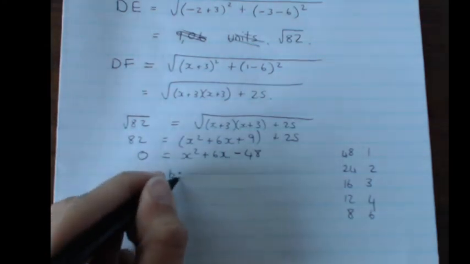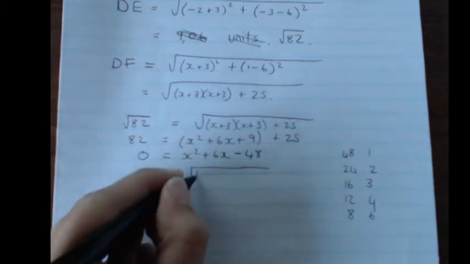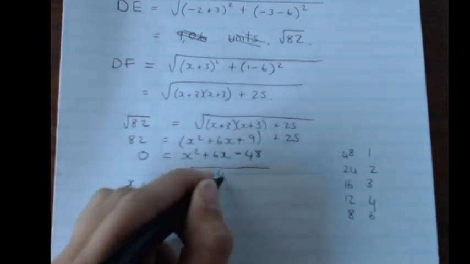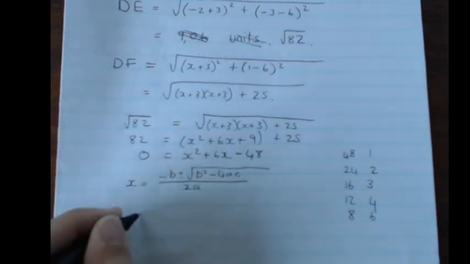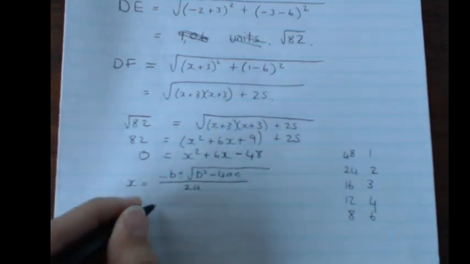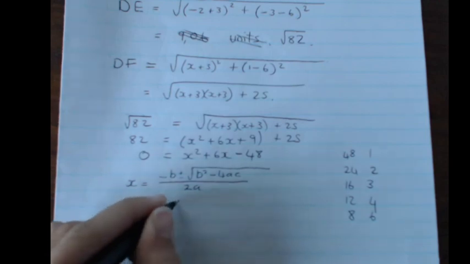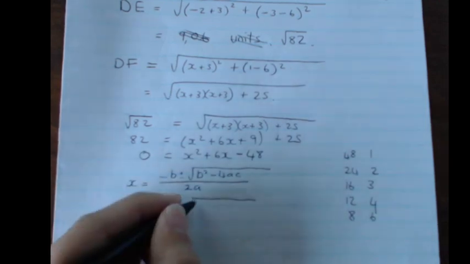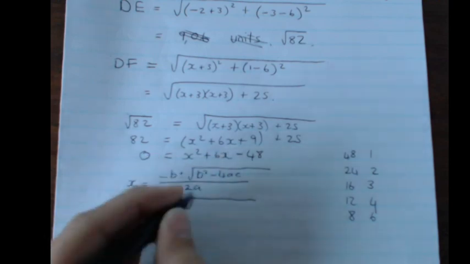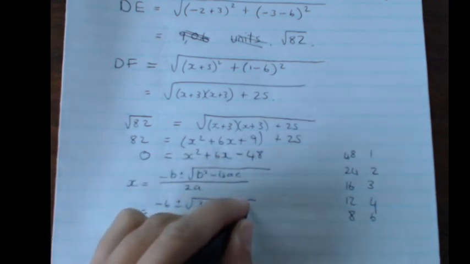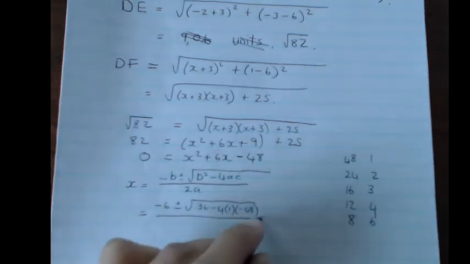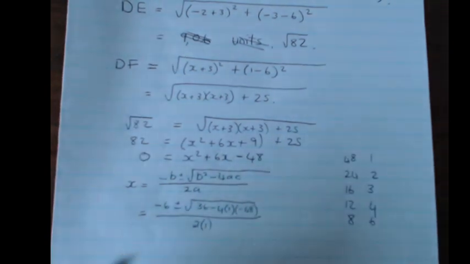Minus b plus or minus the square root of b squared minus 4ac, over 2a. And substitute then: minus 6 plus or minus the square root of b squared, which is 36, minus 4 times a, which is 1, times c, which is negative 48, over 2a, which is 2. And then type this into a calculator.